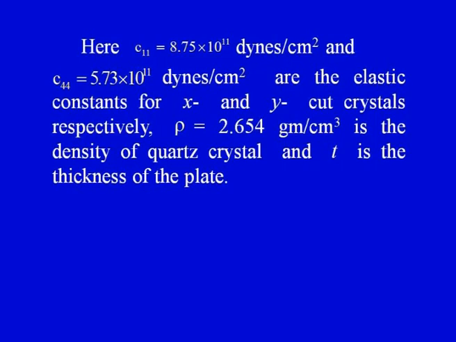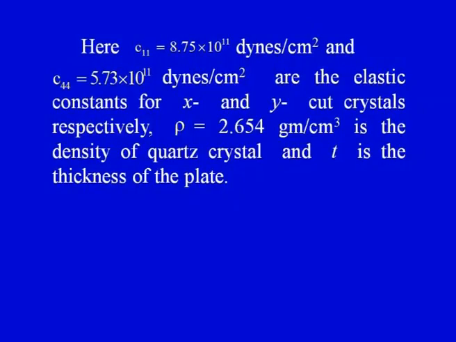Here C11 equal to 8.75 into 10^11 dynes per square centimeter and C44 equal to 5.73 into 10^11 dynes per square centimeter. They are the elastic constants for X and Y cut crystals respectively.